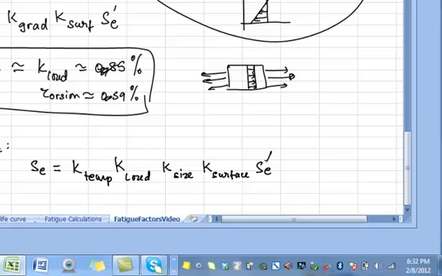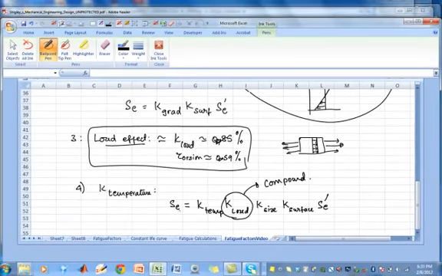The first one is due to surface finish, the second one is due to size, third one is due to load. This time, if it is compound load, we do it separately. That means if it is a combination of bending and torsion and all of that, we do it separately. Okay, and then there's a temperature effect. If you multiply all of this, you will get the actual endurance limit.